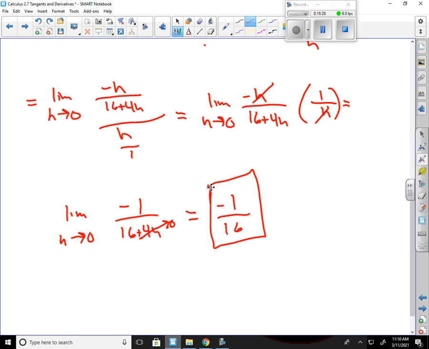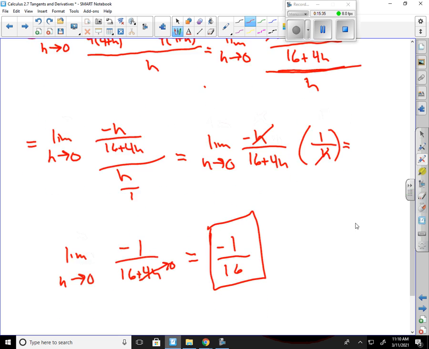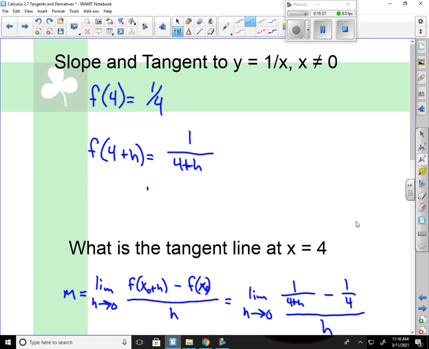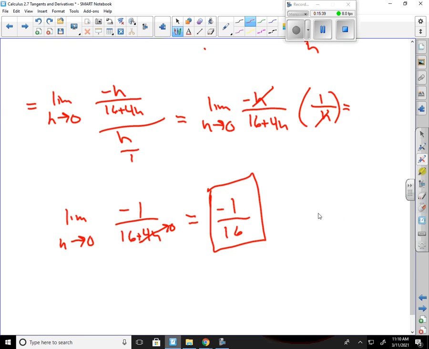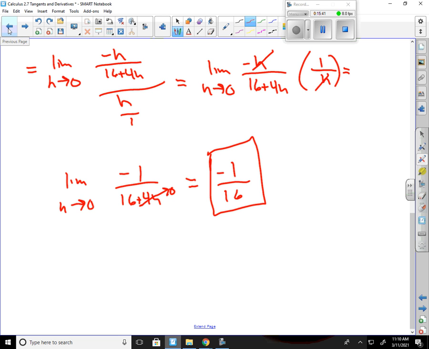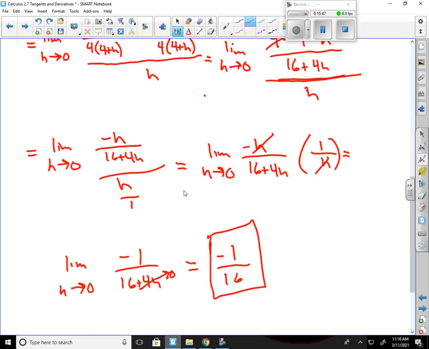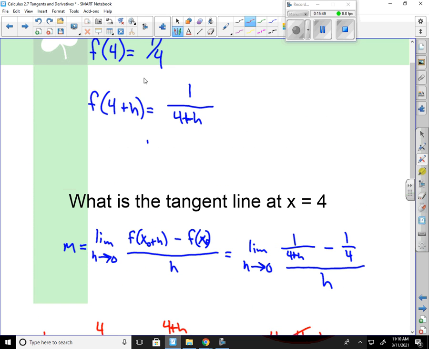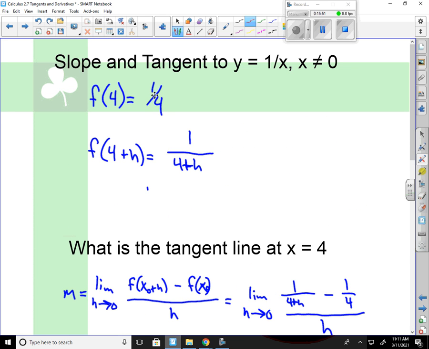So now I found my slope of the tangent line. But I'm not done yet. I still have to plug in y naught and our x minus x naught. So this is y equals y naught, which our y naught is what we found when we plugged the 4 in, so 1/4.